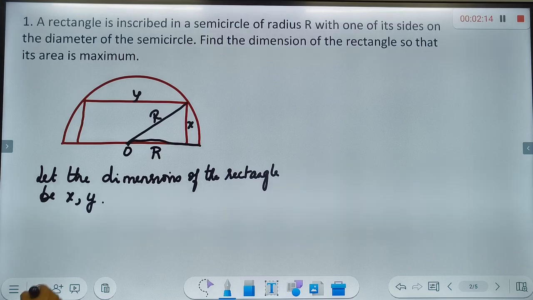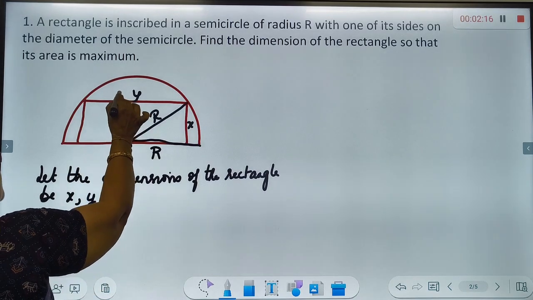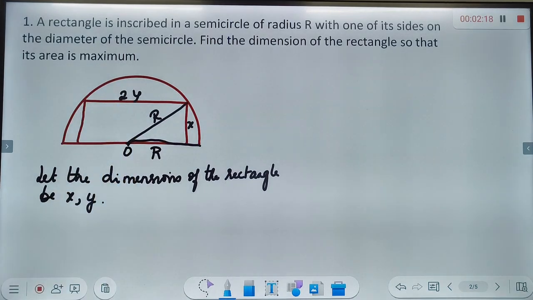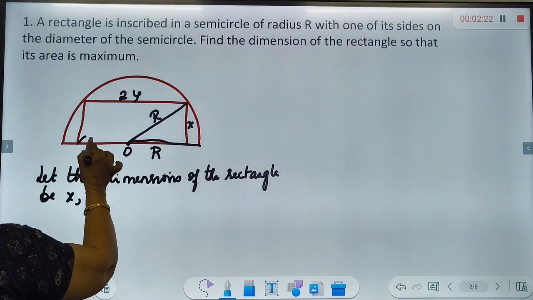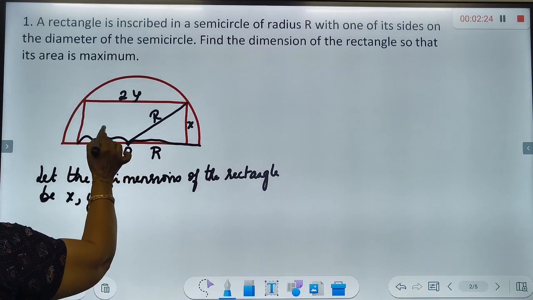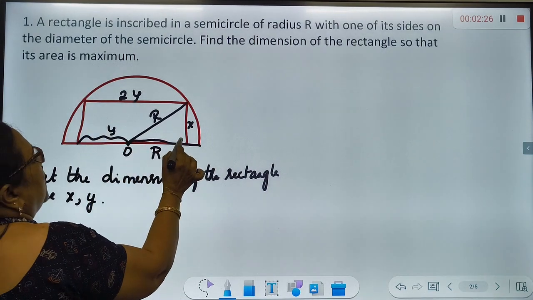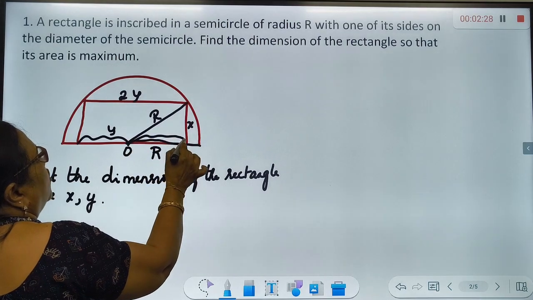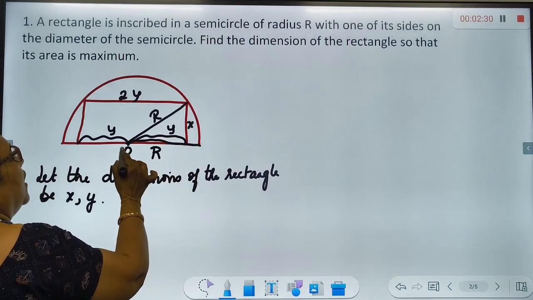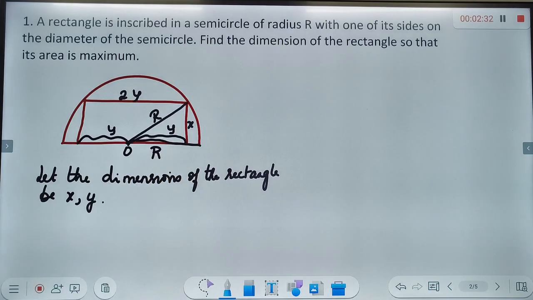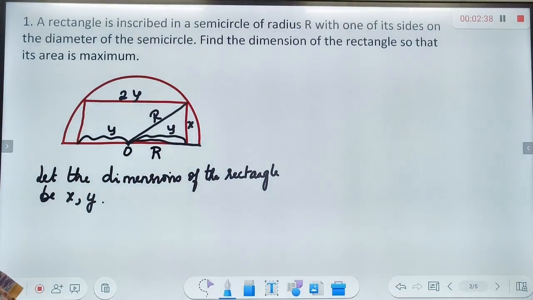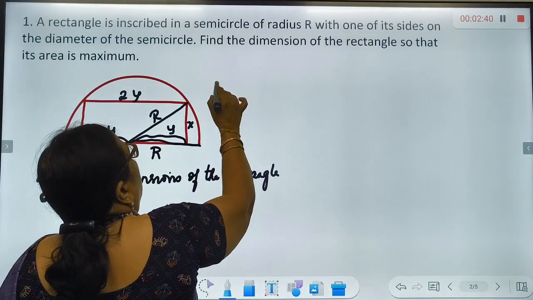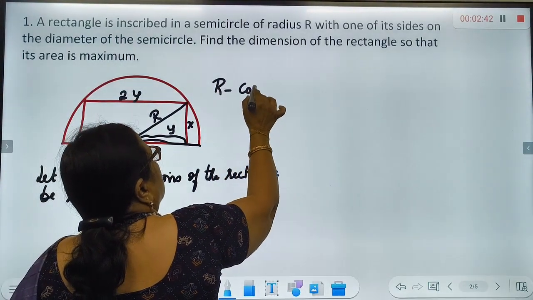In fact, I want to keep it as 2y because it will make my calculations easier. I can avoid division by 2. So this part of the rectangle is y, this part alone is y. R is the radius of the semicircle. Is it clear? The semicircle is fixed. Therefore, R is a constant.